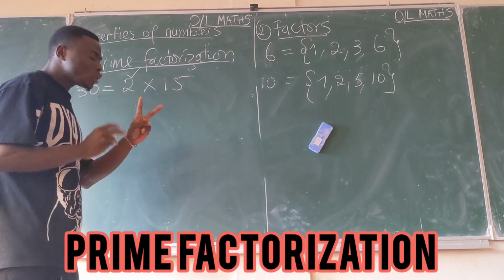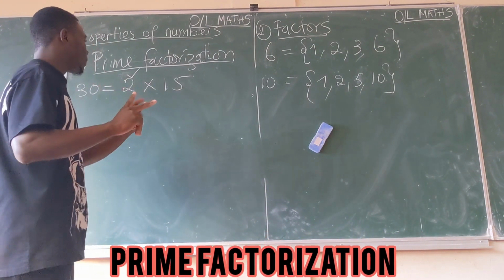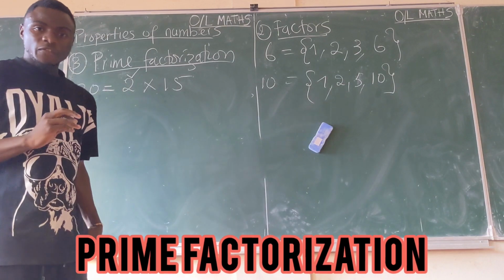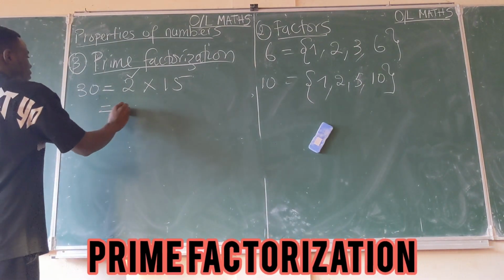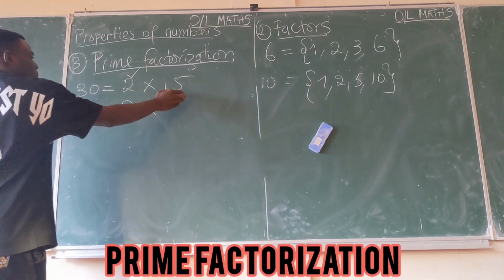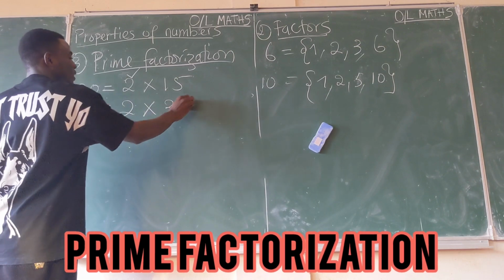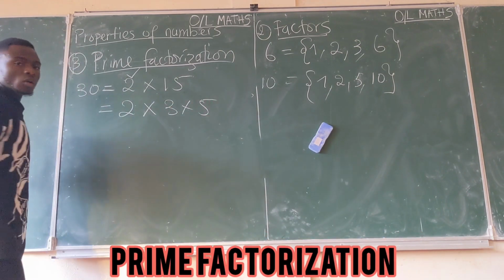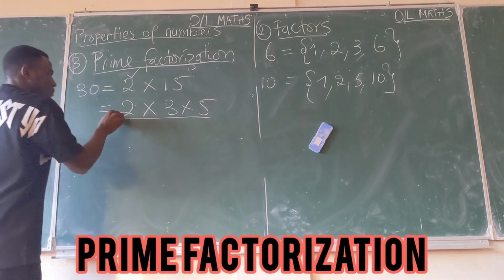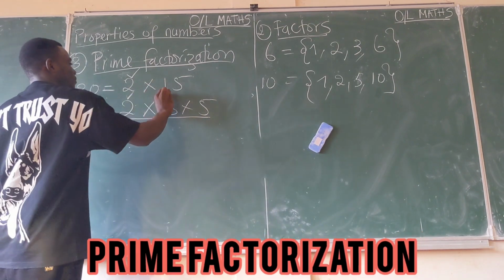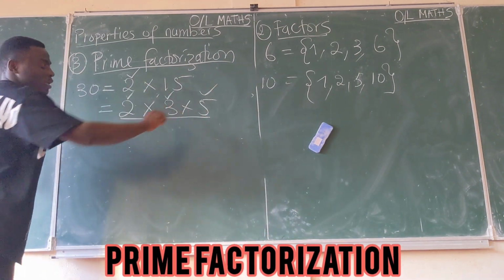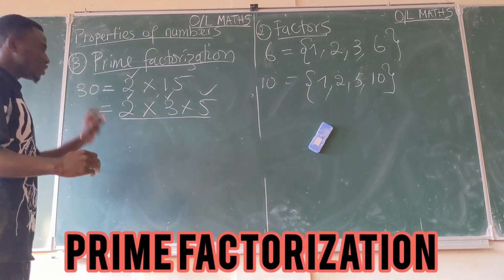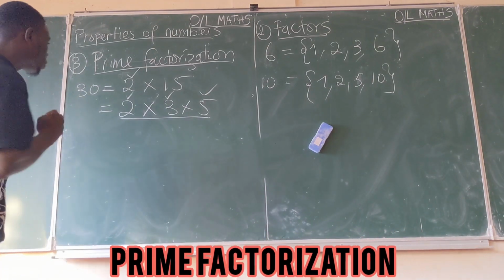So we need to look for other two numbers that we can multiply to have 15. We know that 15 can also be written as 3 times 5. Not so? So you see that all of these numbers now become prime. And this simply means we have expressed 30 as a product of its prime factors.